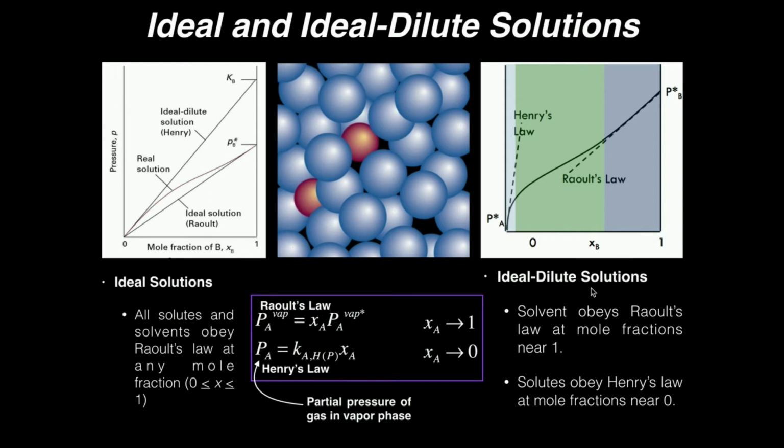When ethanol is at a low mole fraction, it must obey Henry's law. When it's at a high mole fraction, it must obey Raoult's law. It doesn't really matter in the middle as long as we satisfy those two conditions on either end of the spectrum. And if those two conditions are satisfied, we can use the formulas and everything for ideal dilute solutions. Okay? So hopefully that makes sense.